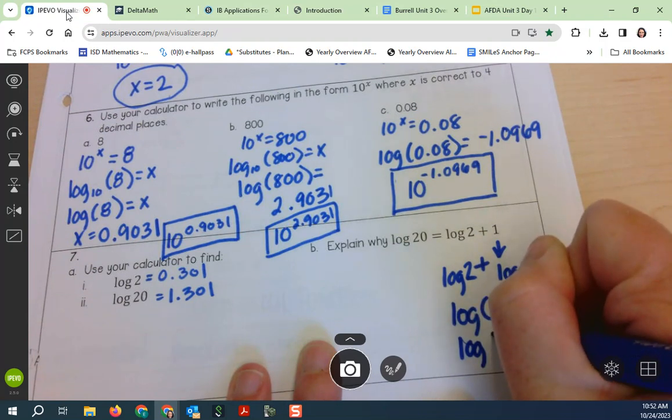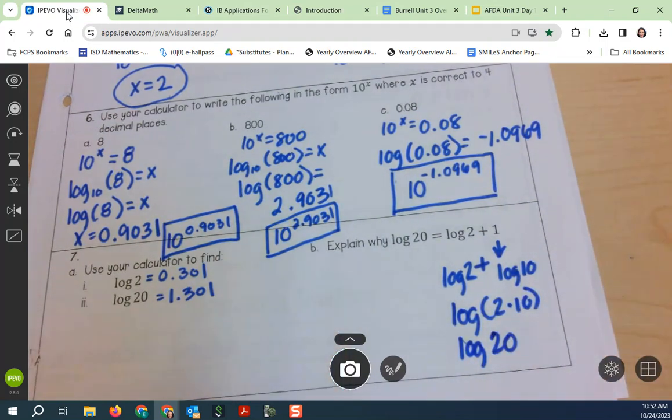For some people, this is a surprising property for logarithms. It is related to the property of exponents that says when you multiply two powers with the same base, you add their exponents. But it's not exactly the same thing, because it's an inverse, it works inversely.